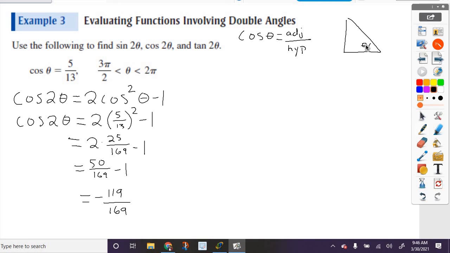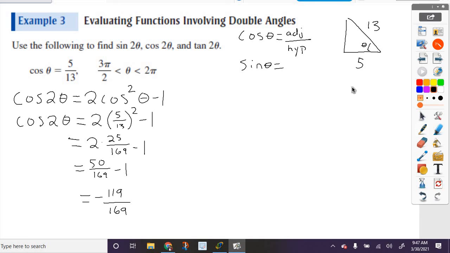we could do our opposite is going to be, our adjacent is going to be 5, and our hypotenuse is going to be 13. And then we could use our Pythagorean identity to find our opposite side, because then we could find what sine of theta is by knowing our opposite over our hypotenuse.